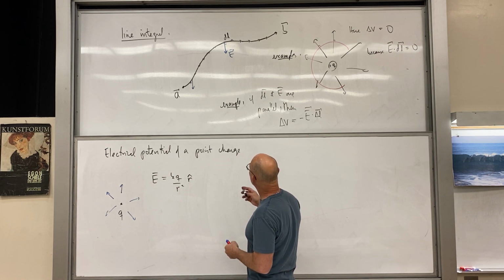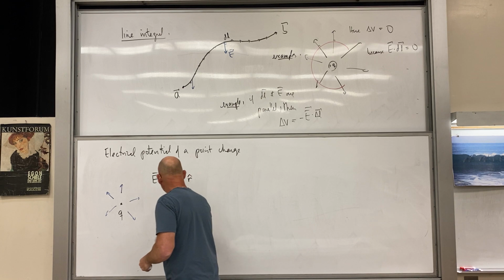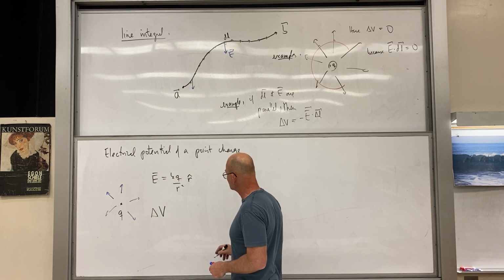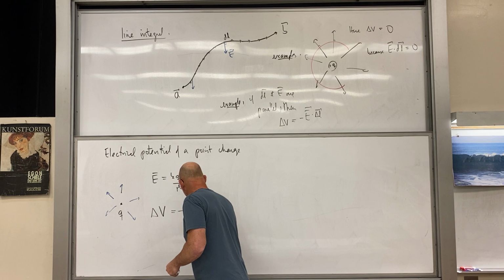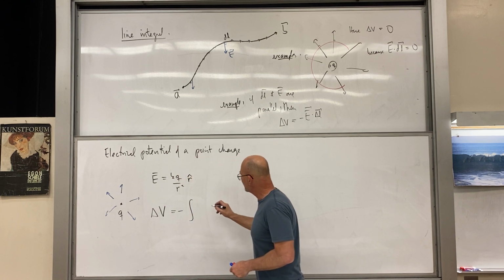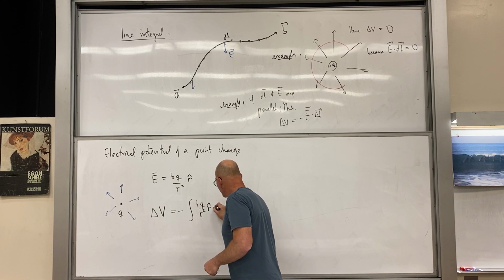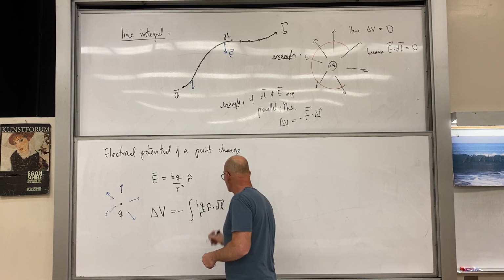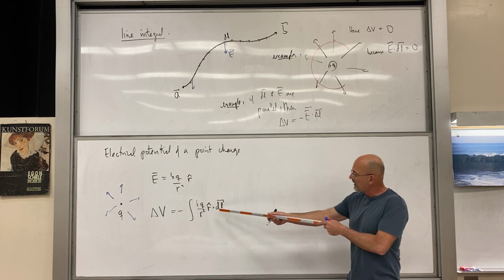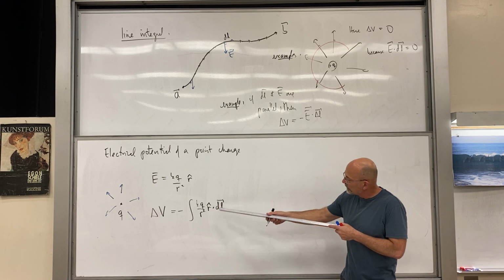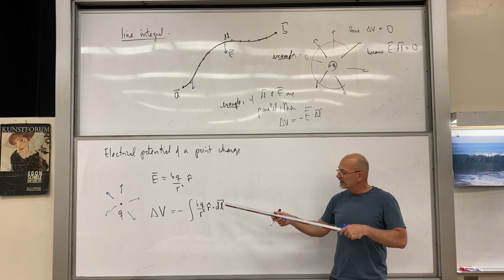We're going to construct this delta V. I'll just write delta V for starters. Delta V equals minus the integral, and now we have the KQ over R squared, R hat, and then our dl. But the nice thing about this R hat business here is unless dl is pointing radially outward, the contribution is 0.